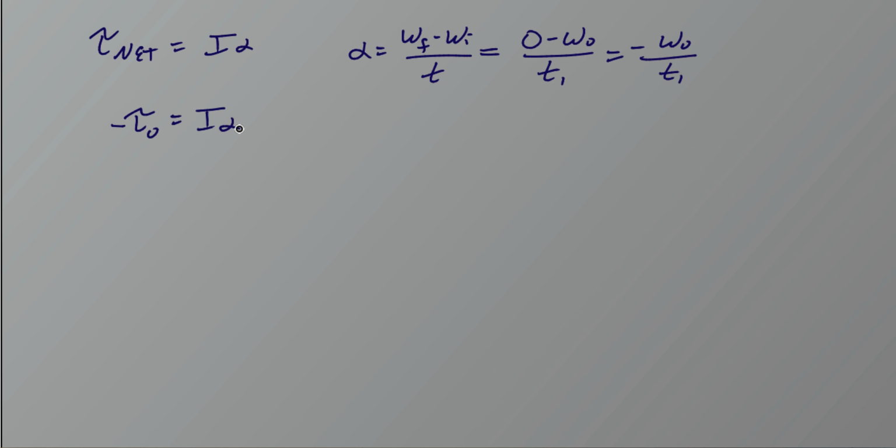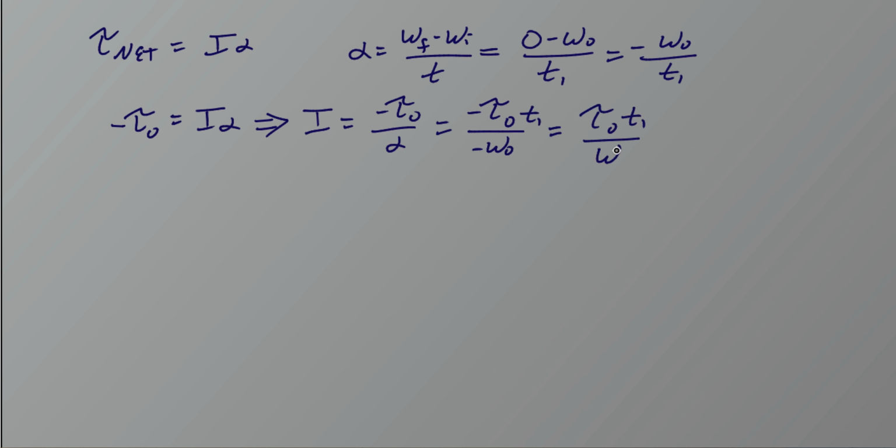But again, if you're not catching that, don't worry about it. Just focus on magnitude quickly, come back and get that extra point or two, assuming that they're even looking for that point later on. This should be a nice quick problem for us. Therefore, moment of inertia is minus tau 0 over alpha, which is minus tau 0 over minus omega naught over t1, which works out to be tau 0 t1 over omega 0.